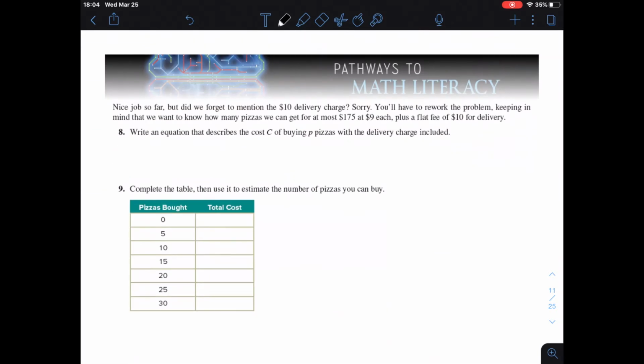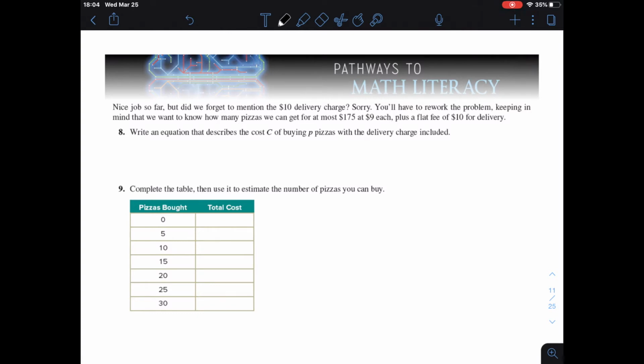Right. But now if we forgot about a delivery charge, then we've got to re-go through this. So now they're going to give us $9 per pizza still. And I'm going to have to pay $10 for them to bring all these pizzas over.